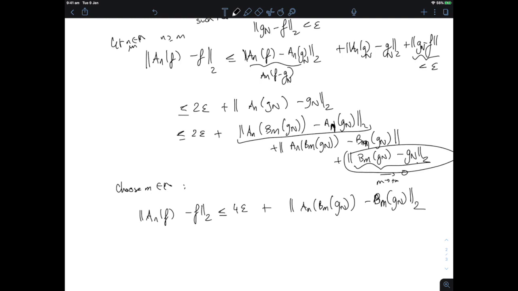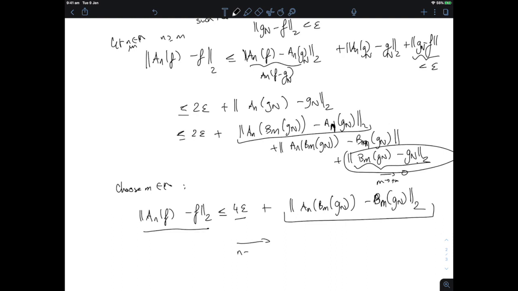All right, but let's be careful here about which order we've done our approximation. We've given ourselves an epsilon, then we fixed the capital N. Later on, we fixed the little m. And now we have this An f minus f smaller than 4 epsilon plus this expression that involves little m and capital N. But now we're going to send n to infinity.